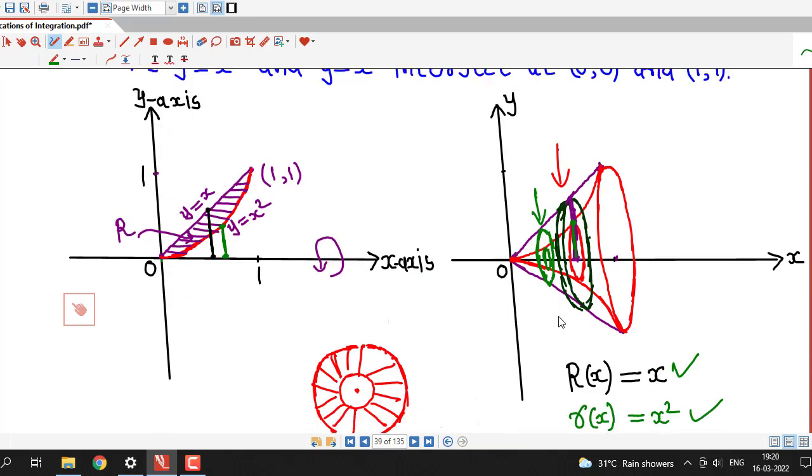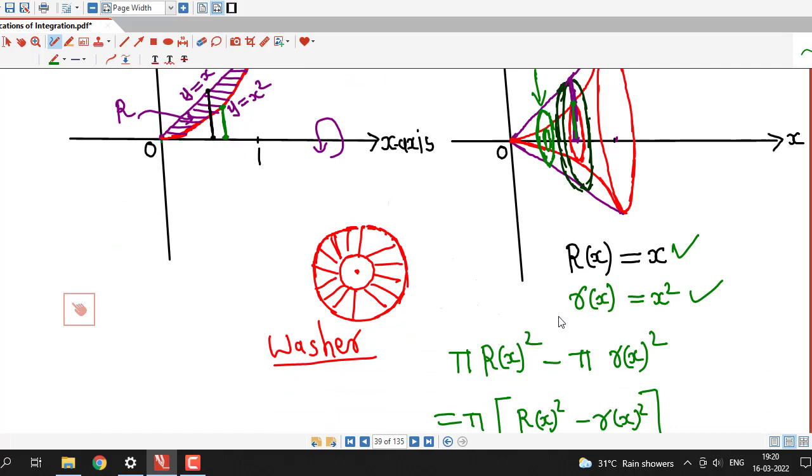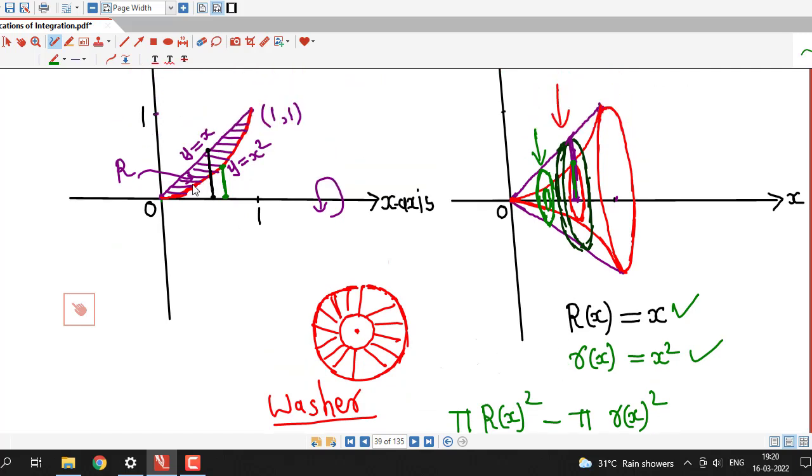So whenever we have to rotate the region bounded by two curves, whatever solid is generated will have a hole inside it, and the cross section of that solid will be a washer, or an annular ring or annular disc.